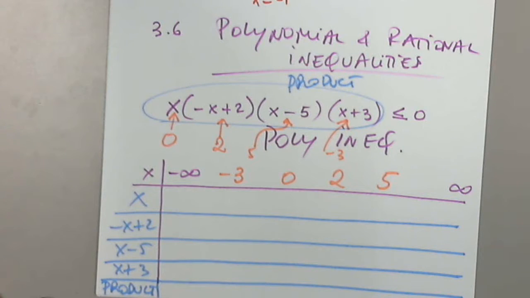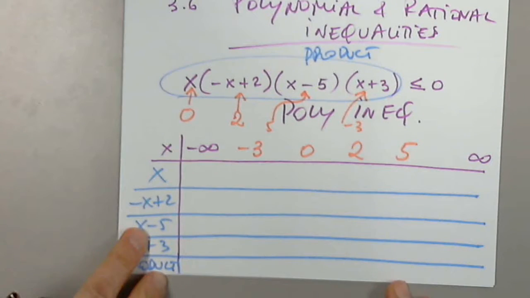Okay, so let's summarize so far. We created the chart. At the very top, I need room to put values in. And then I have a row for each factor. The very last row is what I'm interested in, the whole thing. Good. So now in the row for x, there is a 0. It crosses the x-axis somewhere. Under which number does it cross the x-axis?